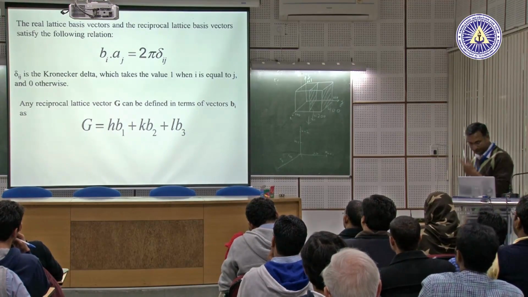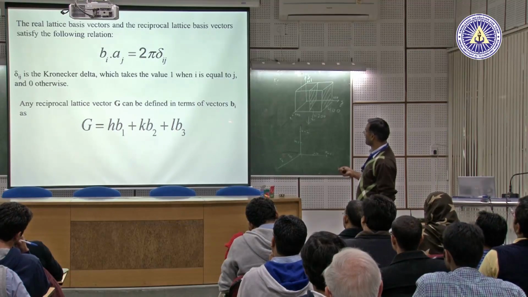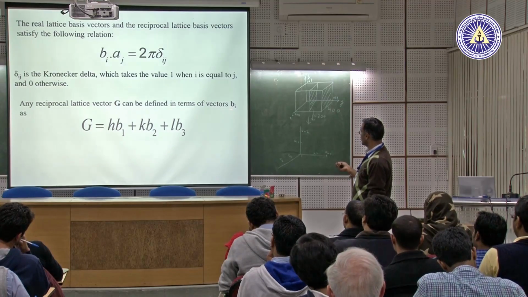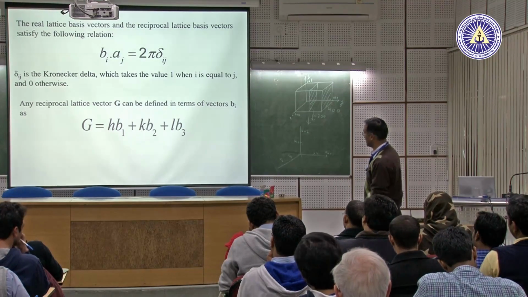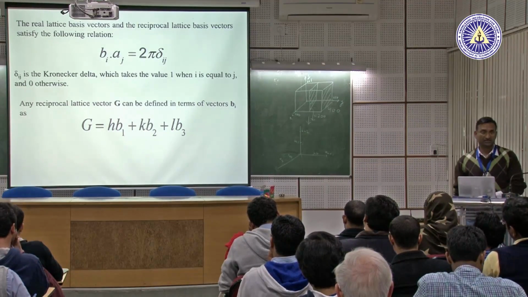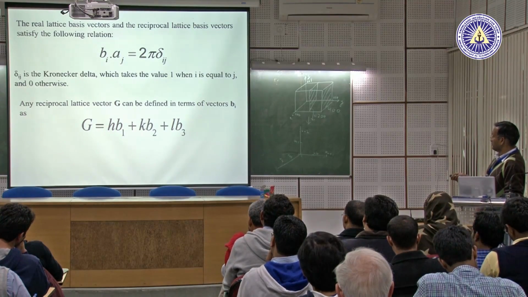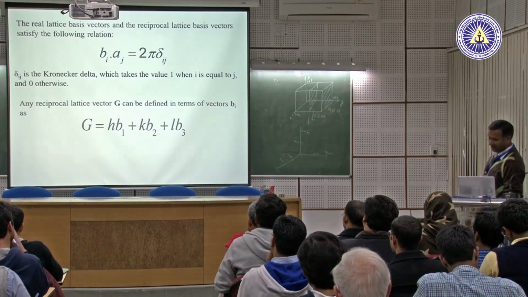So let us say I remove m1, m2, m3. In fact, to come back to crystallography, I write it in terms of hkl. I can write G, the reciprocal lattice vector, as h b1 plus k b2 plus l b3.